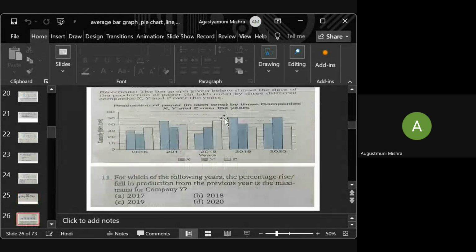This is your slide for another question. Your time starts now. This is a histogram.